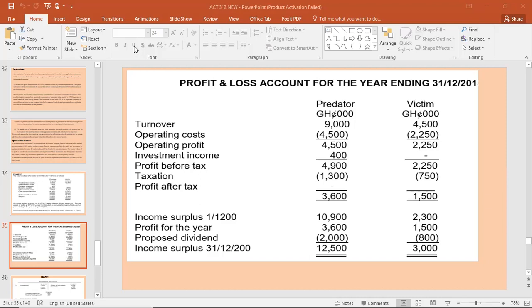Then you write balance brought forward. Then you pick the opening income surplus account balance you had. You said it is 10,8 something. 10,850, super. So that's the balance brought forward that will come to this particular account.